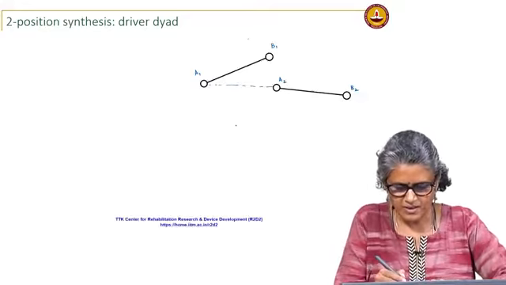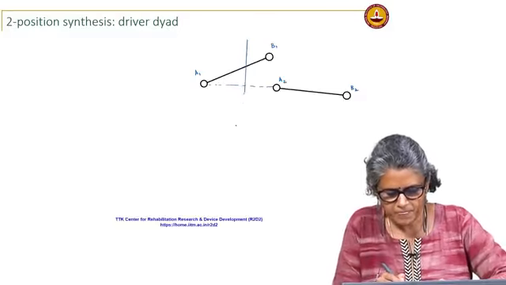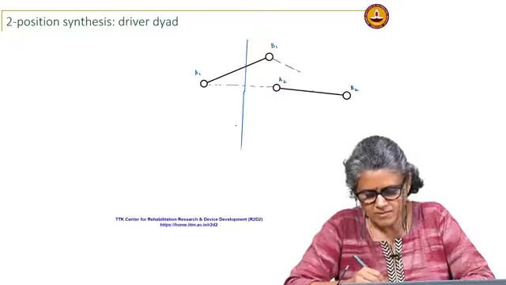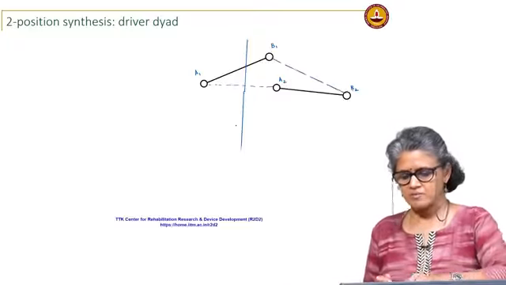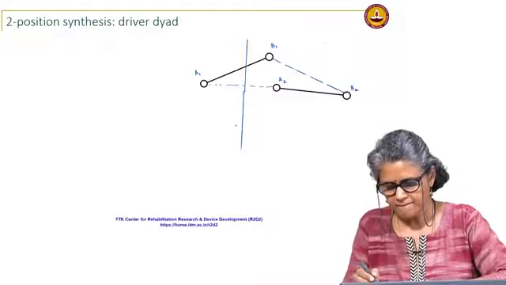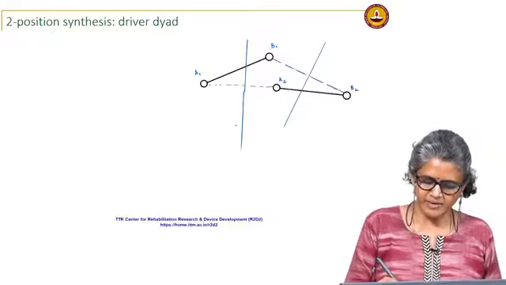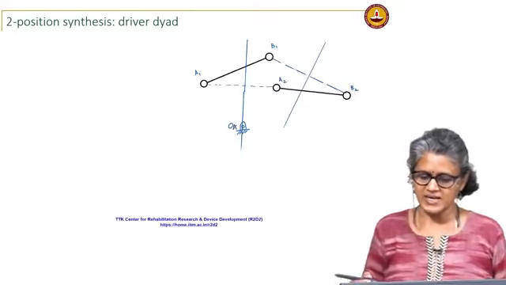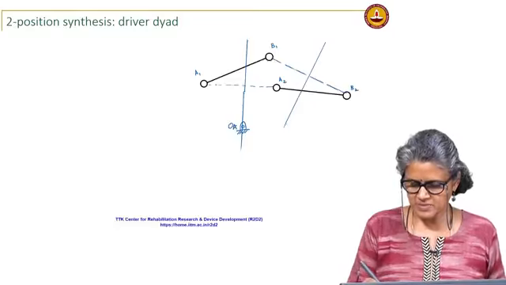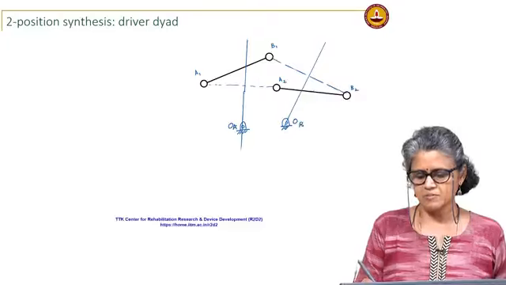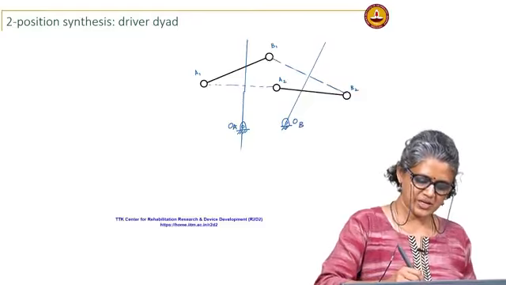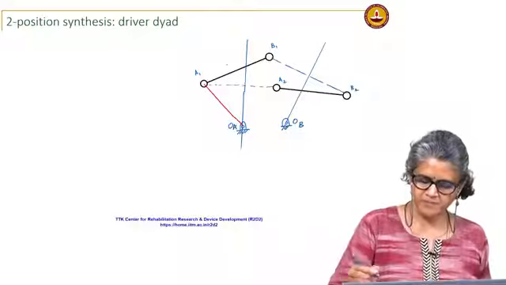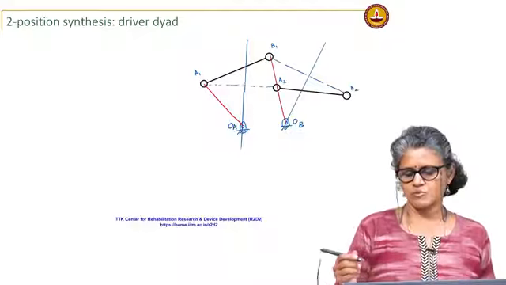So, if I can locate that, then I can draw the perpendicular bisector of B1, B2, and I can locate OA anywhere on this line and OB similarly anywhere on this perpendicular bisector, so that my linkage becomes OA, A1, B1, OB.